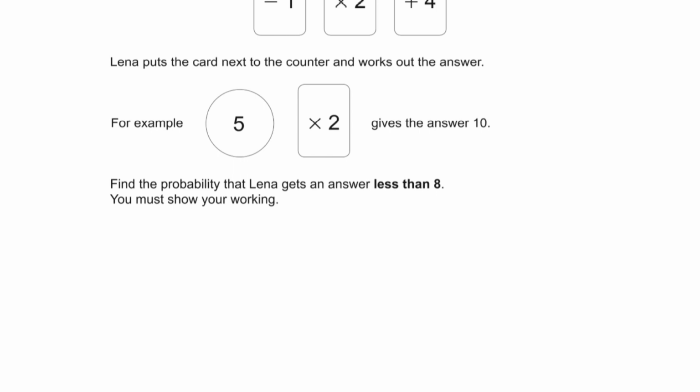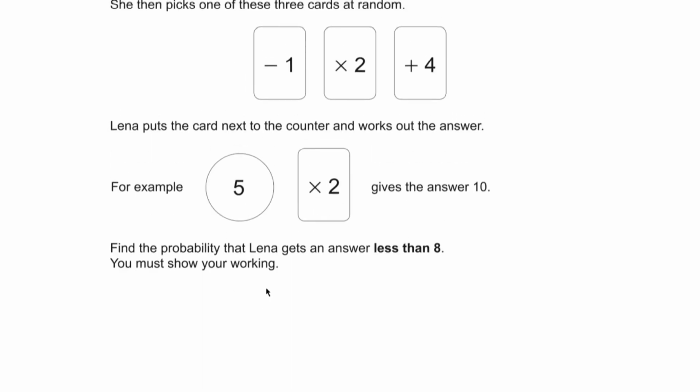So, we could either have our counter showing a 3 or a 5. So, if we've got the 3, one thing I could do with this is multiply it by 2. We could subtract 1 or we could add 4. So if I subtract 1 from it, 3 subtract 1 is equal to 2.